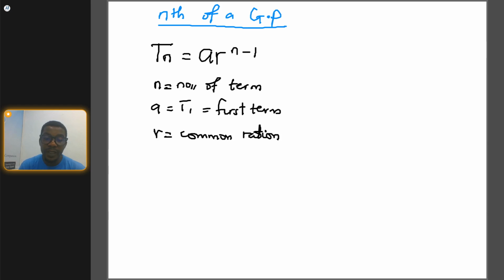So this is the meaning of the formula for the nth term of a GP. n is the number of terms, T1 is equal to a, which is the first term, and r equals the common ratio.